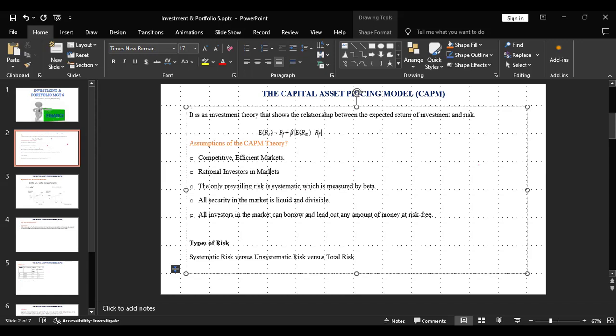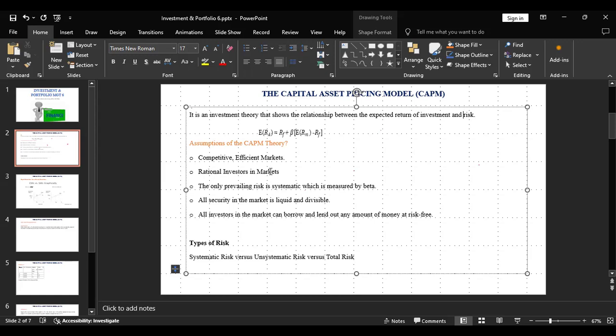We are also talking of a market without tax, without information asymmetry. We are assuming that there is no agency cost, which we know in the real world is not so.